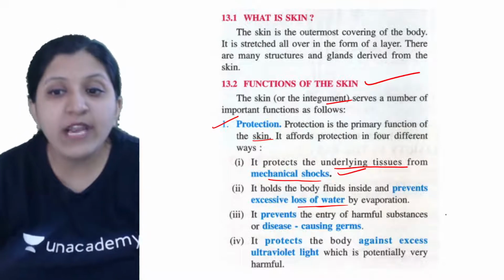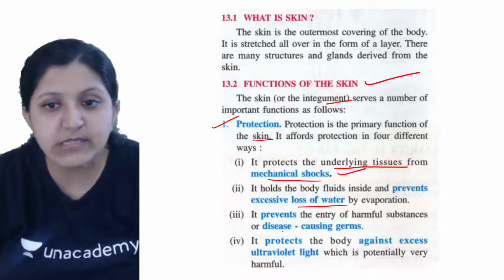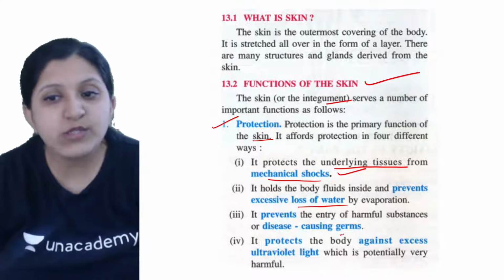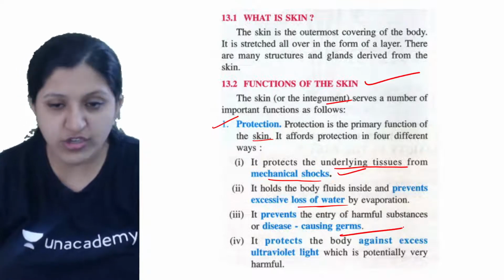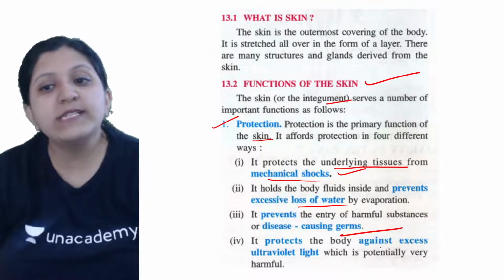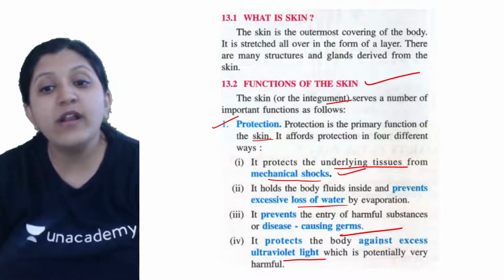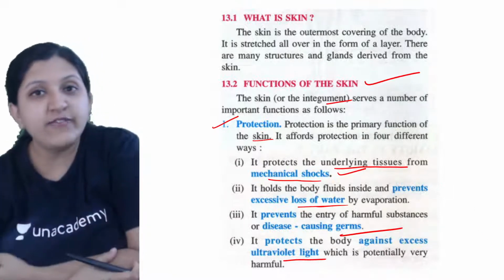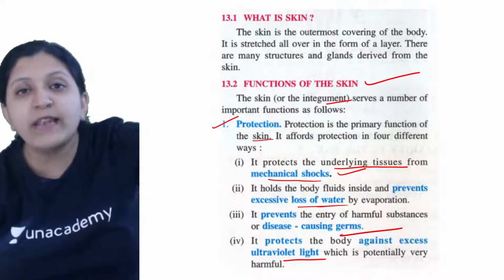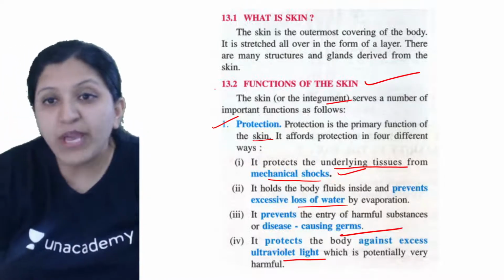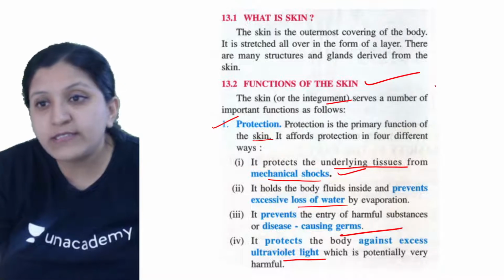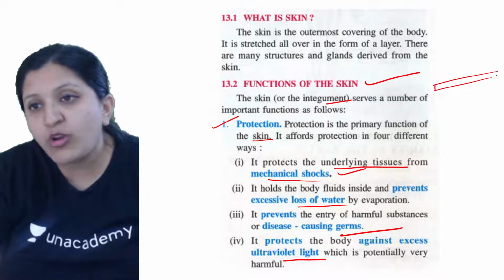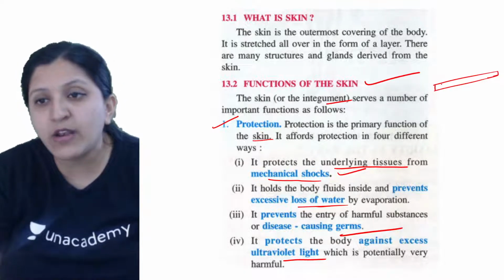It prevents the entry of harmful substances, basically the disease causing pathogens or germs. Then it protects the body against excessive ultraviolet light. There is a compound epithelium present. It is not just one layer of epithelium, many layers are there. Let's say this is a basement membrane onto which these epithelial cells are located.